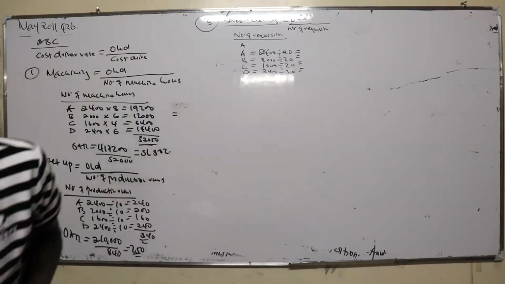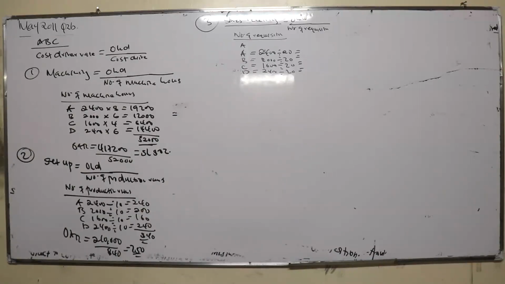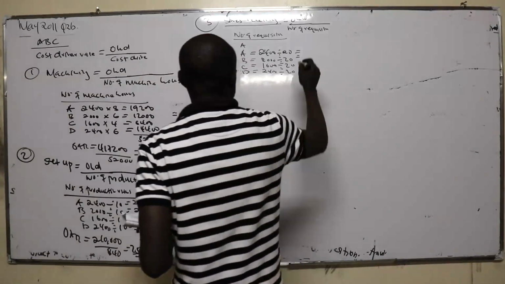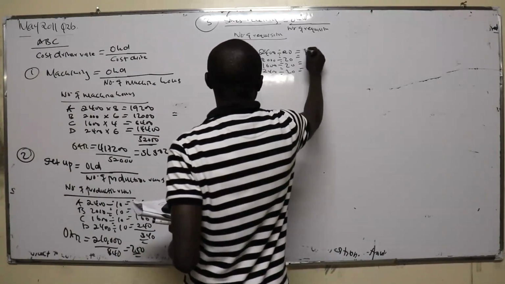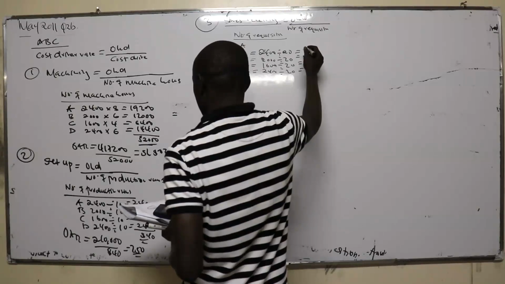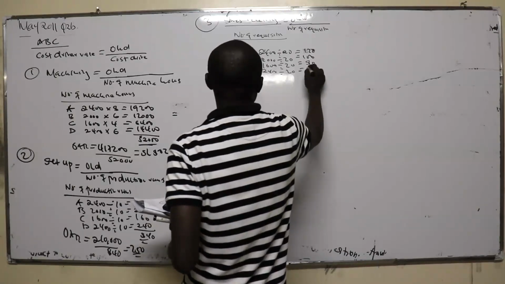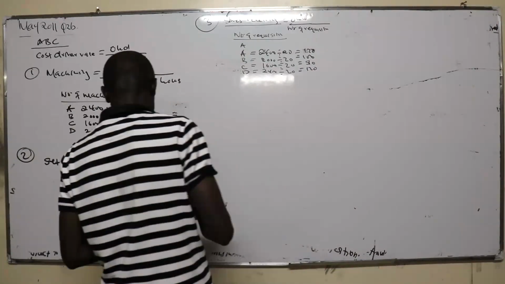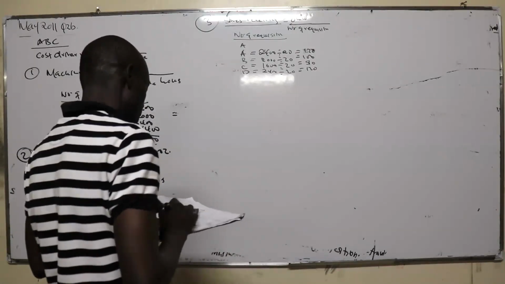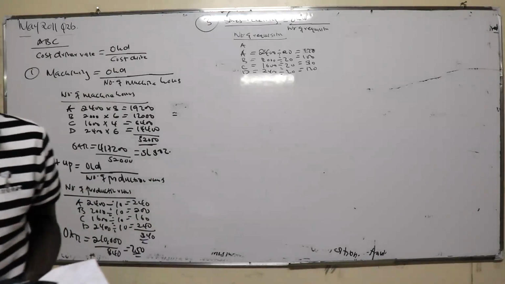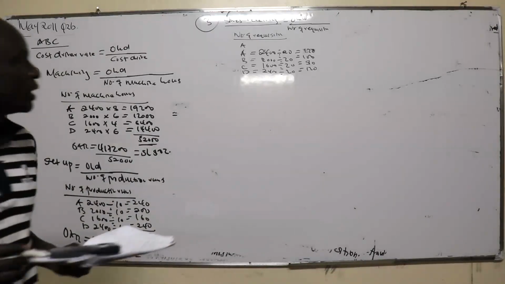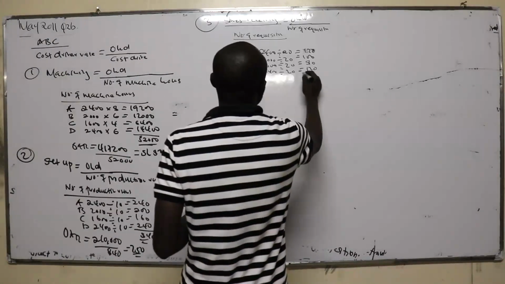So this one is 120, 100, 80, and then 120. The total is going to be 420.